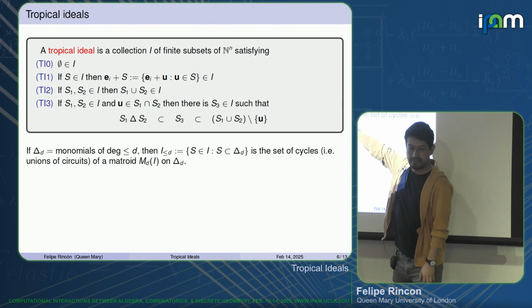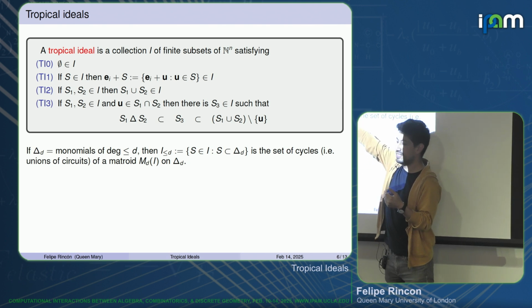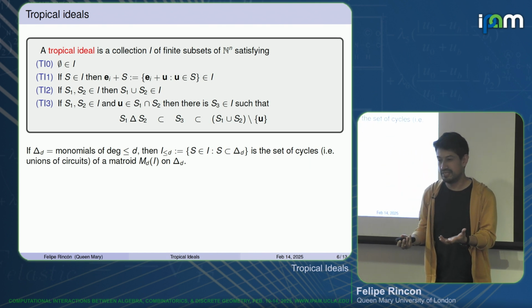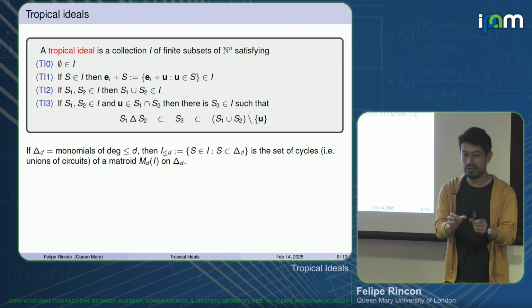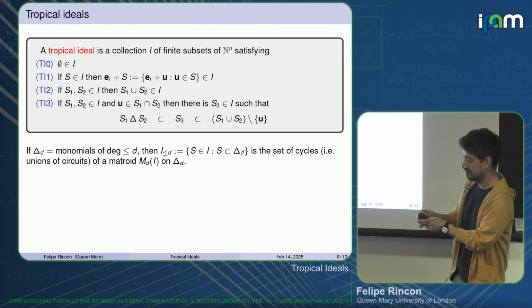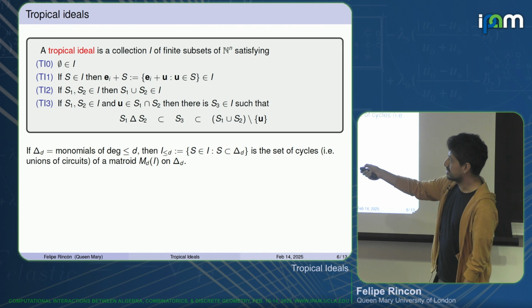This should feel something like a circuit elimination axiom, and it's actually not the circuit elimination axiom, but the elimination axiom for unions of circuits, which are like cycles. If you go to one of these matroid books and look up the cryptomorphism for matroids in terms of unions of circuits, you'll see exactly these three axioms.